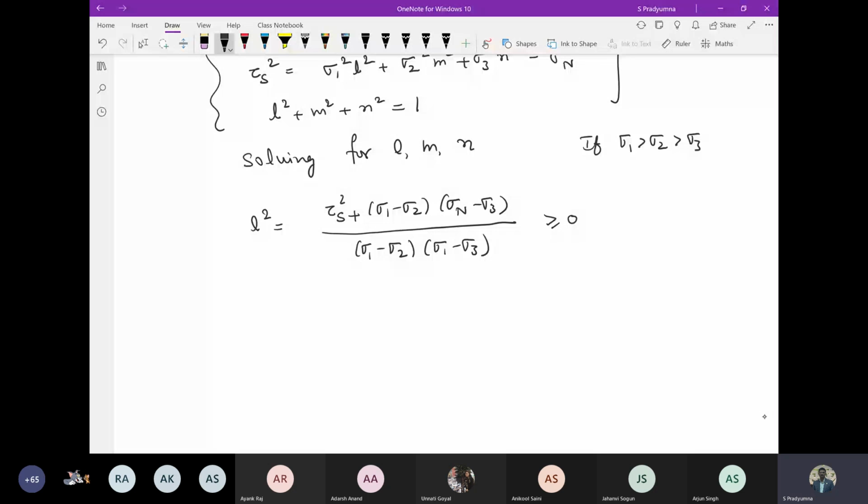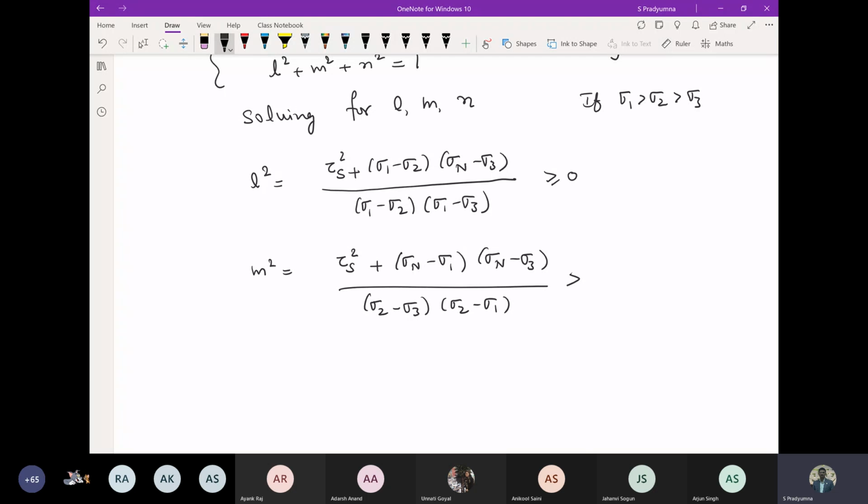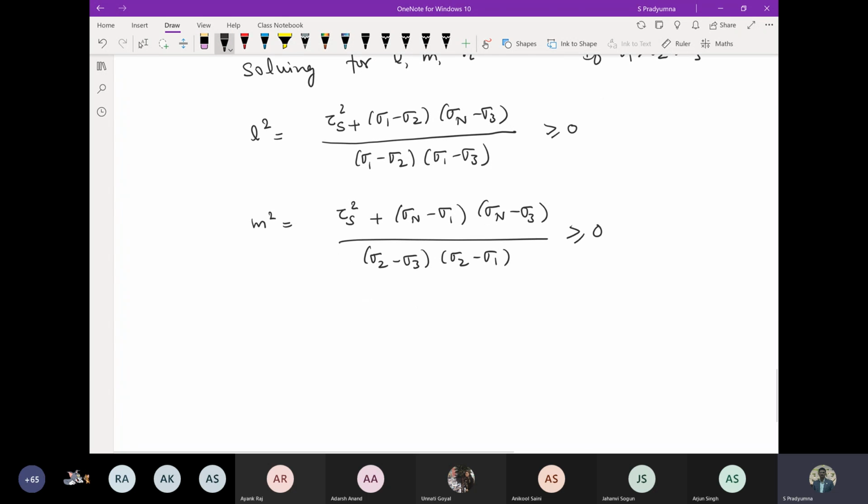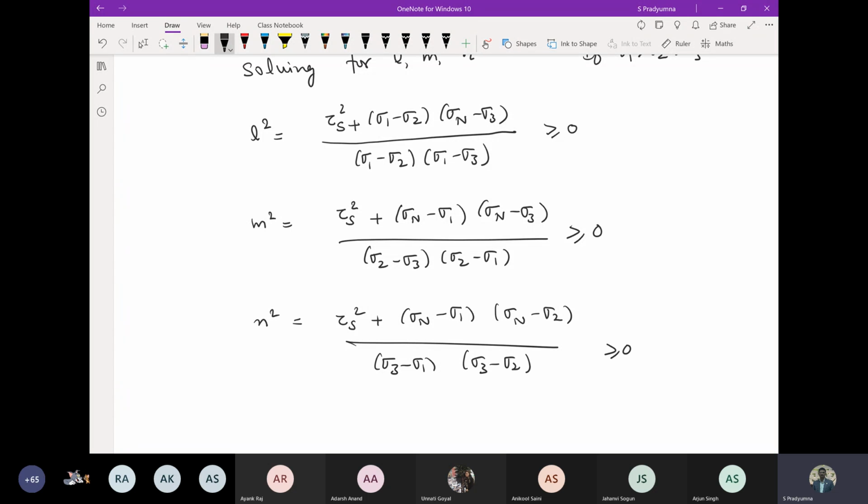M square is equal to tau S square plus sigma n minus sigma 1 into sigma n minus sigma 3, upon sigma 2 minus sigma 3 into sigma 2 minus sigma 1. This should also be greater than or equal to 0. Finally, N square is equal to tau S square plus sigma n minus sigma 1 into sigma n minus sigma 2, divided by sigma 3 minus sigma 1 into sigma 3 minus sigma 2, which should be greater than or equal to 0.